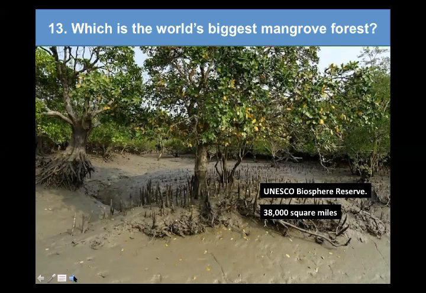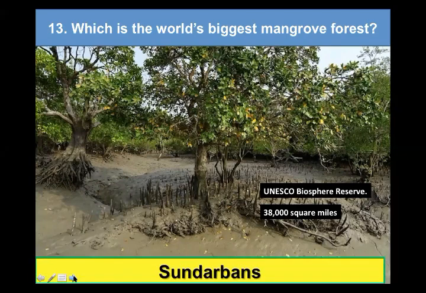marine swampy region. That's why it is also shared between two countries, northern India as well as the entire southern Bangladesh.